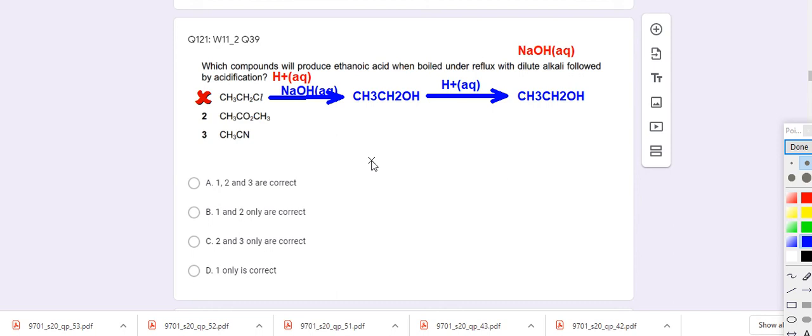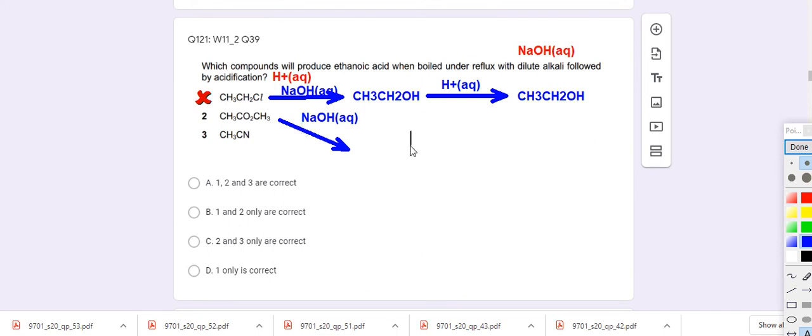Now let's look at number 2, an ester. Same thing, let's start with boiling this ester with dilute alkali under reflux. Ester can undergo hydrolysis with dilute alkali.